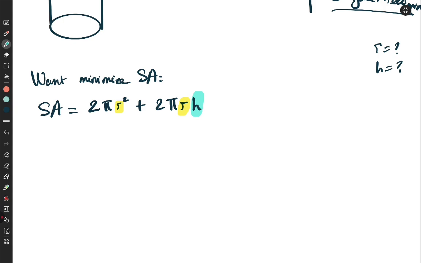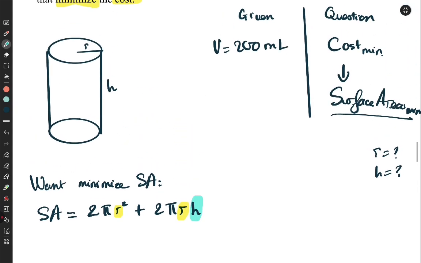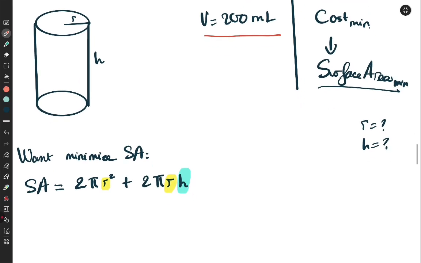Where do I find the information? Anything we haven't used? That's 200. Right. Use that 200. Last problem, you had the perimeter. This problem, you have 200 millimeters, so the volume is 200.